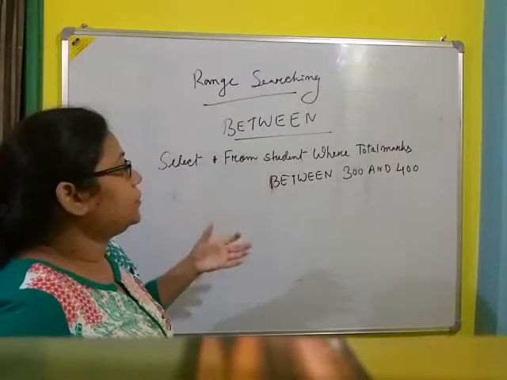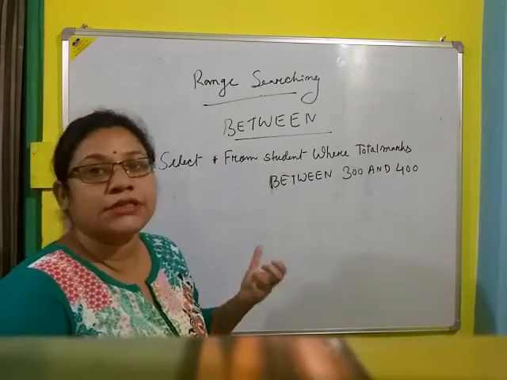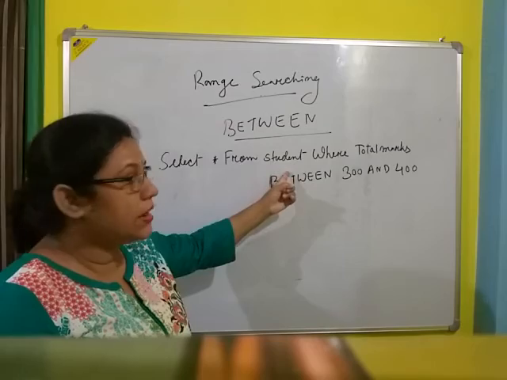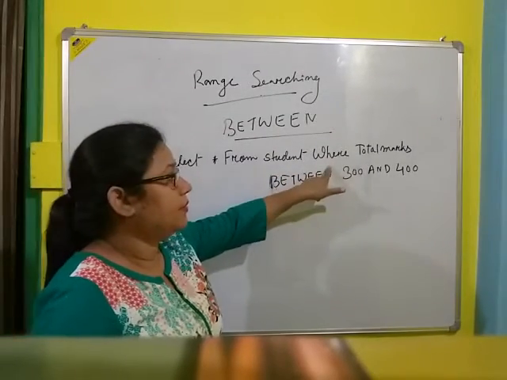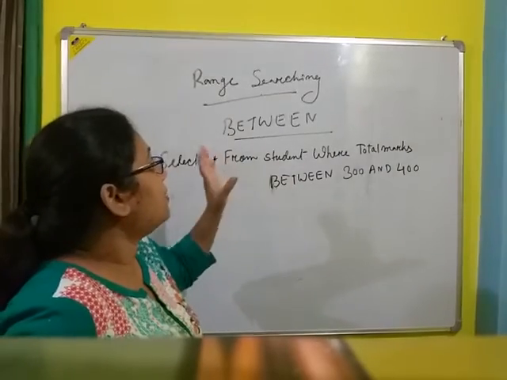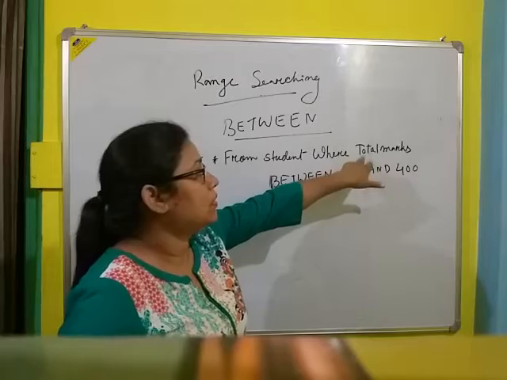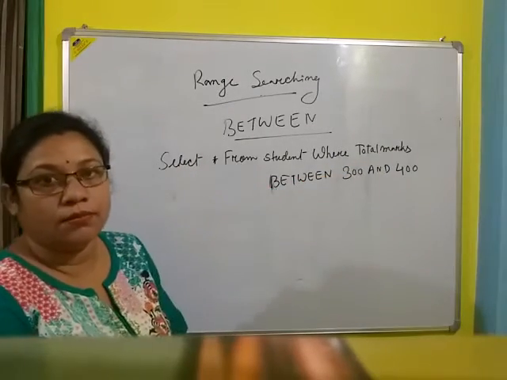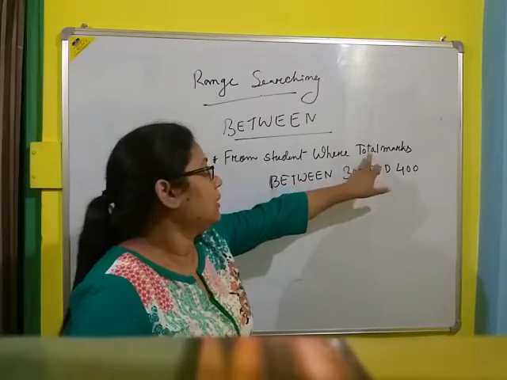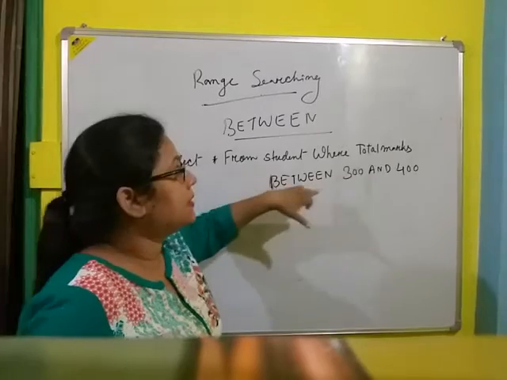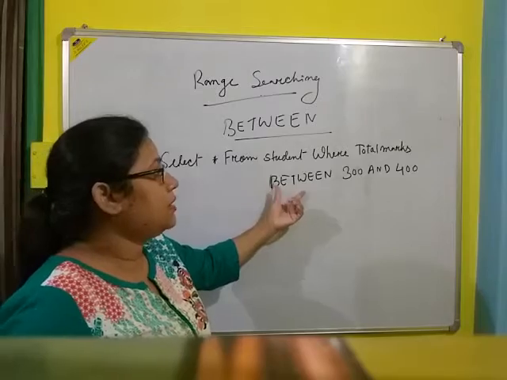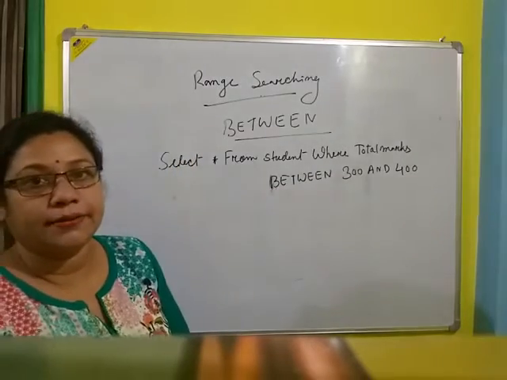So I am going to select all, which means all the data values from the table student where total marks, this is the column name, and give the range searching statement by using the between command, between 300 and 400.